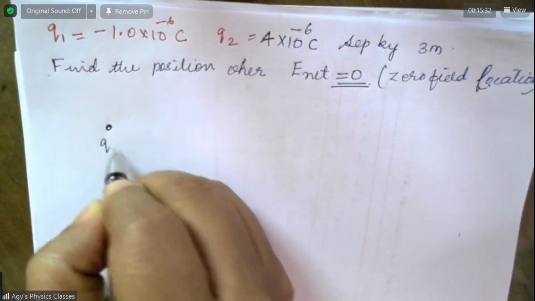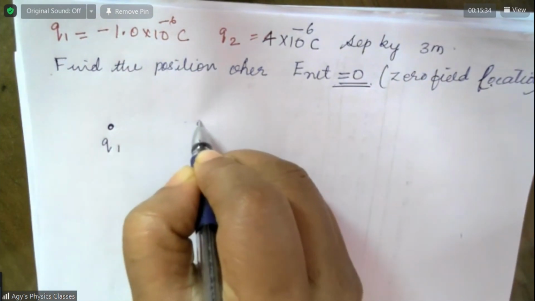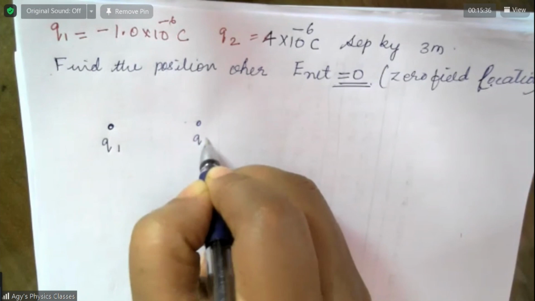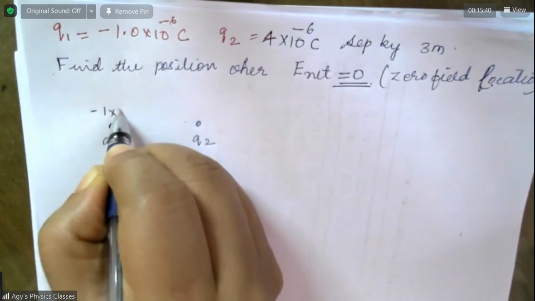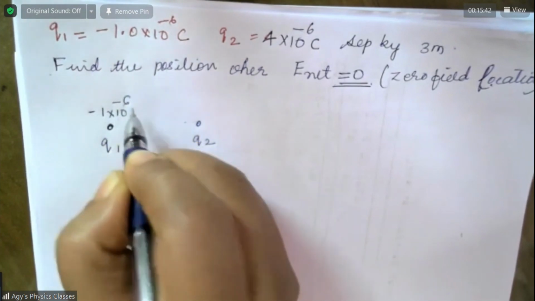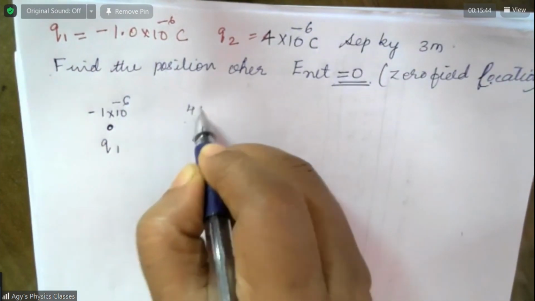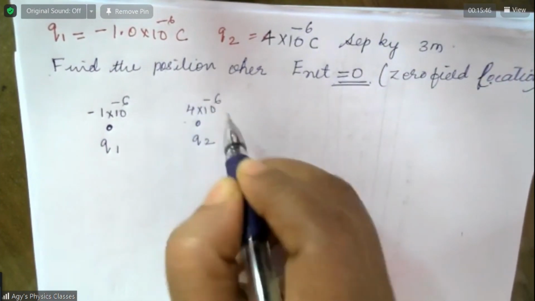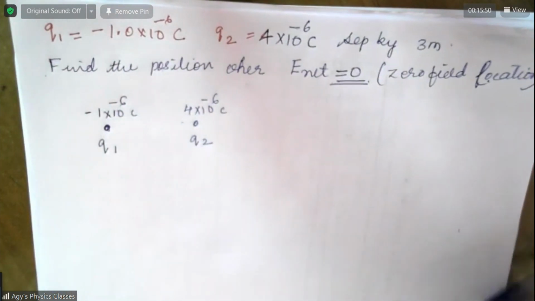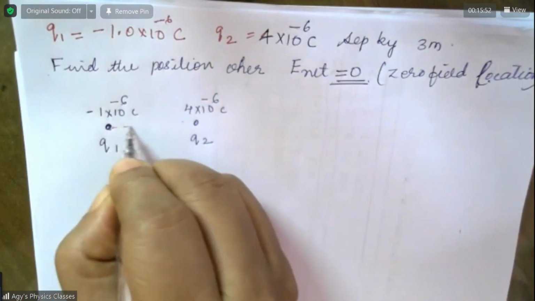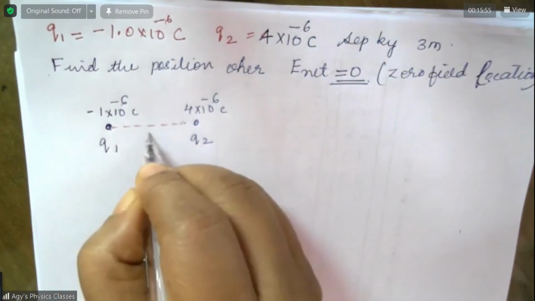Let this be Q1 and let this be Q2. This is a negative charge, 1 into 10 to the power of minus 6 coulomb. This is 4 into 10 to the power of minus 6 coulomb. They are separated by 3 meters.